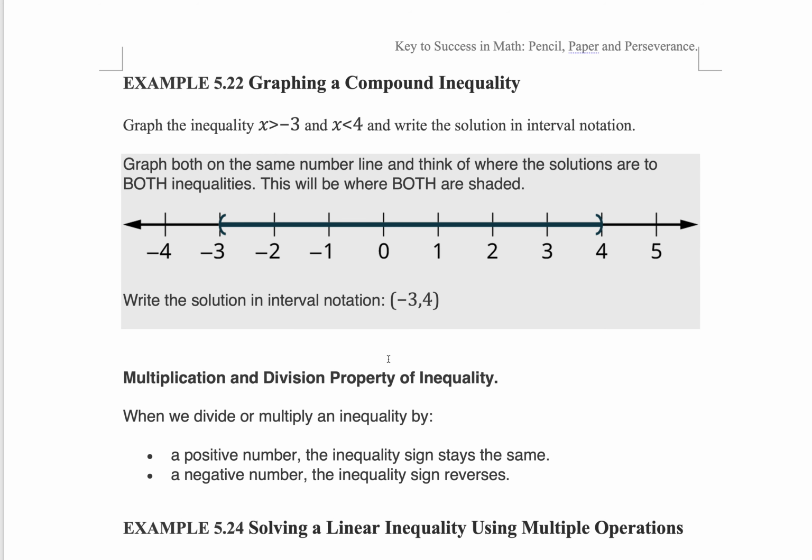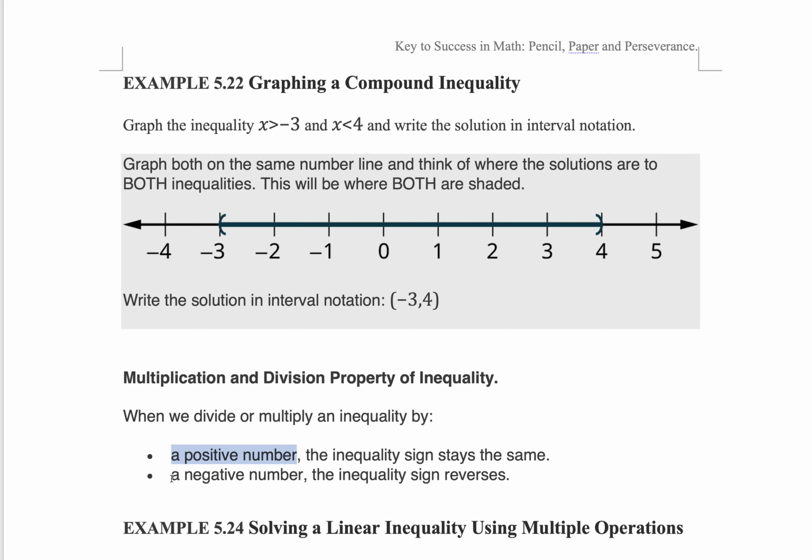Now for the inequalities, the addition principle stays the same, which really means you can add the same number to both sides of the inequality, and the inequality is still true. But for the multiplication principle, you want to be a little more careful, okay? When you multiply both sides of the inequality by a positive number, the inequality sign stays the same.